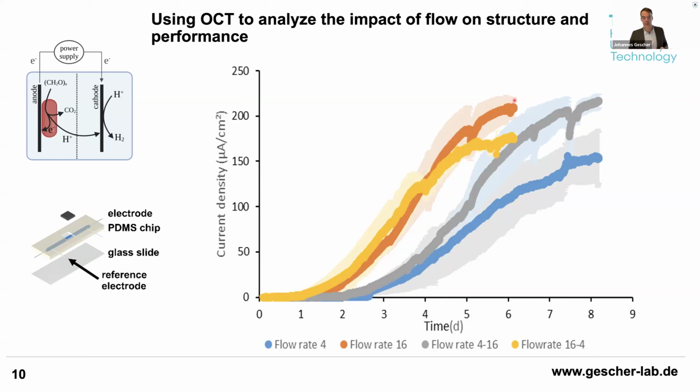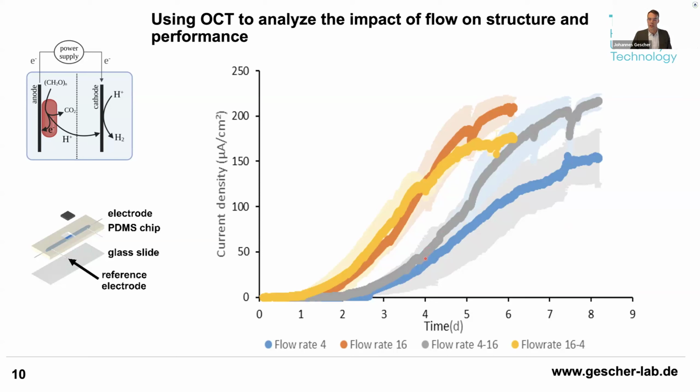And then we ask, well, do the organisms in the biofilm actually have something like a memory? If we change the flow rate from 4 milliliters at day 4 to 16 milliliters, what will happen? And what happens is what you see here in the gray bar.